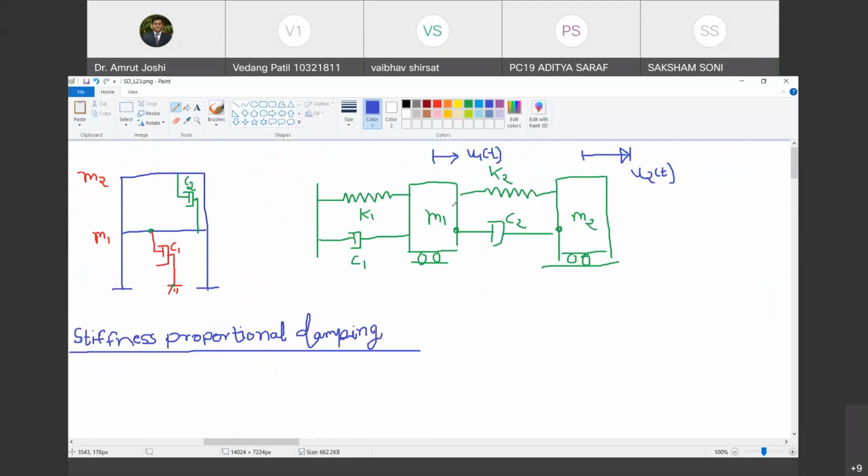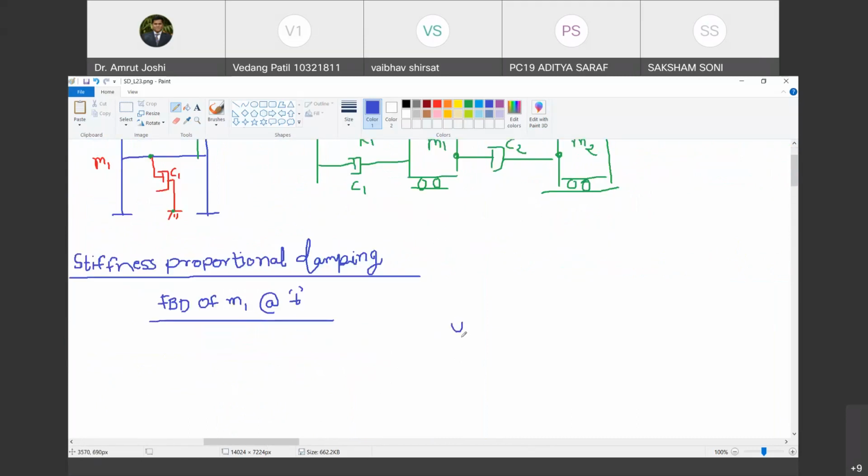First, we are going to draw the free body diagram of mass M1 at time t. We say that U1 is positive and U2 is positive. That means with reference to this positive x-axis, U2 is towards right and U1 is towards right.